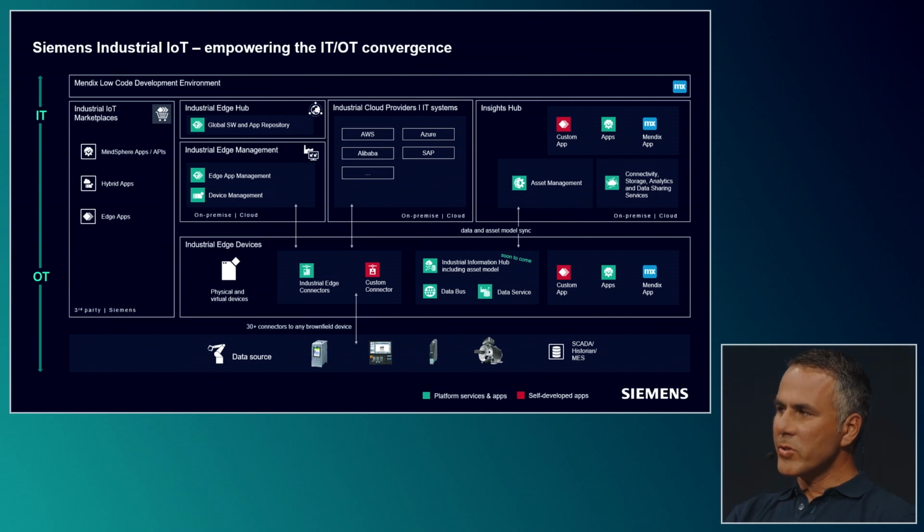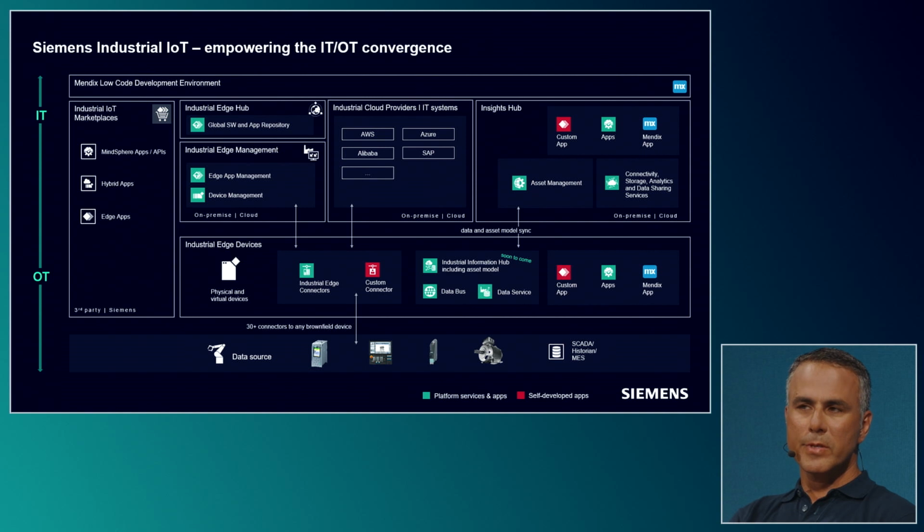With industrial edge, you can also use cloud computing if required. For example, to benefit from higher computing power, more storage space, or remote access. Thereby, you have full control over your data at all times.